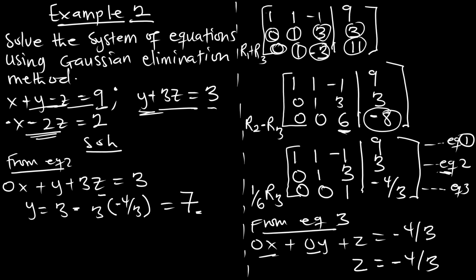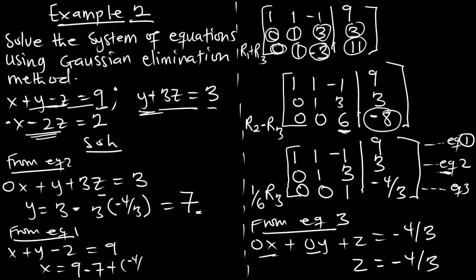Now from the first equation, which is the first row, I can write it as x plus y minus z equal to 9. This means x is equal to 9 minus y, where y is 7, plus z, where z is negative 4 on 3.